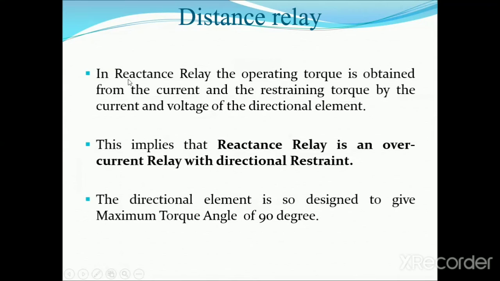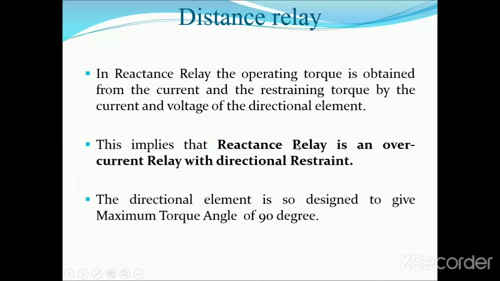It consists of two units: an overcurrent element developing the positive torque, and a directional element with current and voltage developing the negative torque, which either aids or opposes. The operating torque is obtained from the current, and the restraining torque from the current and the voltage of a directional element.